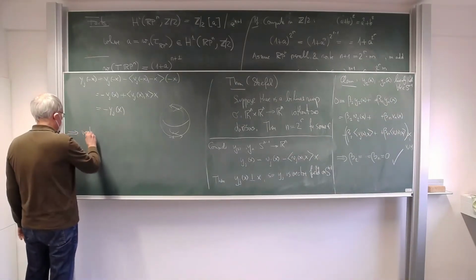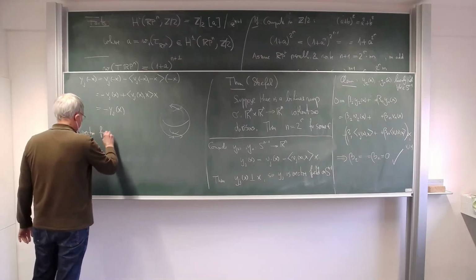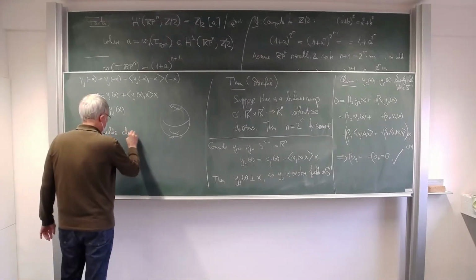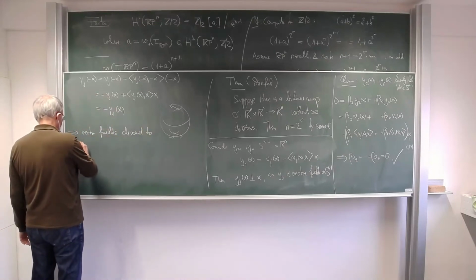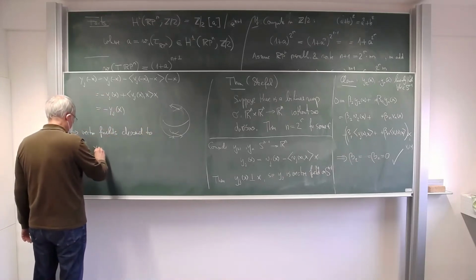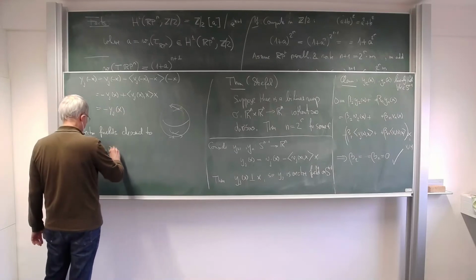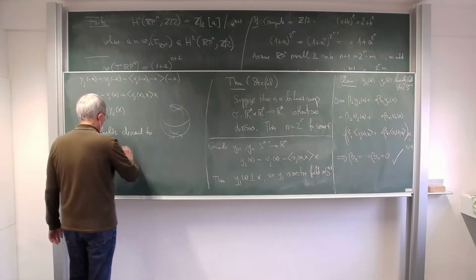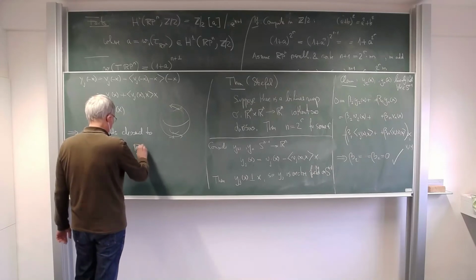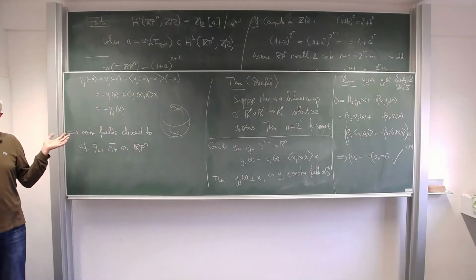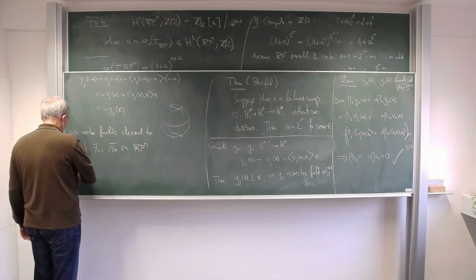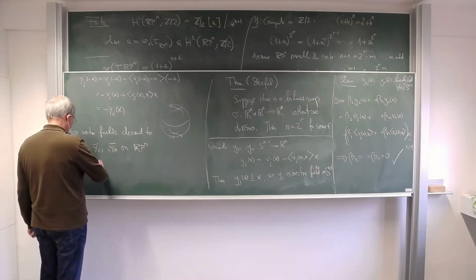Okay, so therefore, the vector fields descend to vector fields y2 bar through yn bar on RPN. And of course they are still at each point linearly independent, therefore RPN is parallelizable.